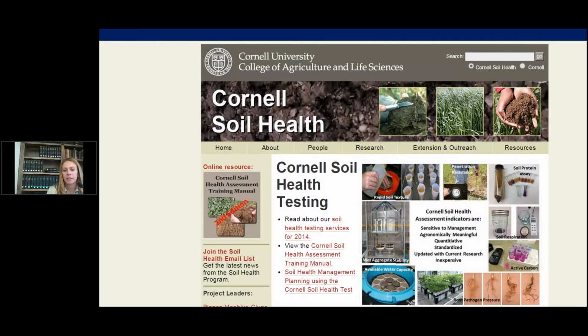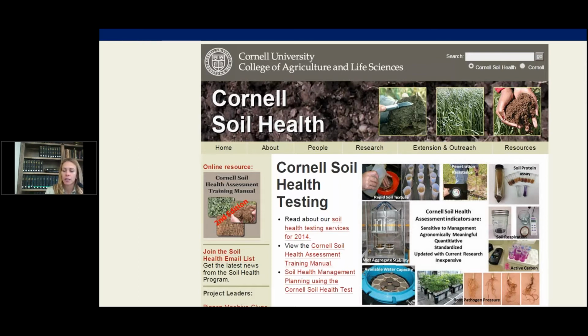So, as you probably are aware, there are a number of commercial labs in the country that are offering this soil health testing. And as I said, there are still some limitations, even though the concept was developed many years ago.